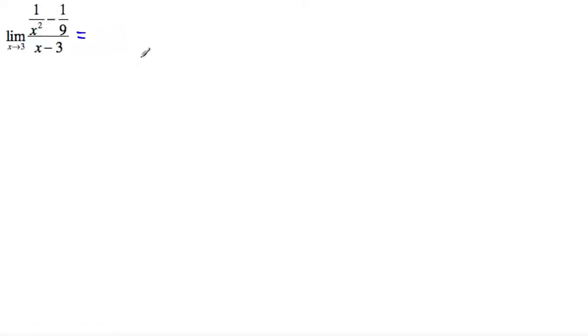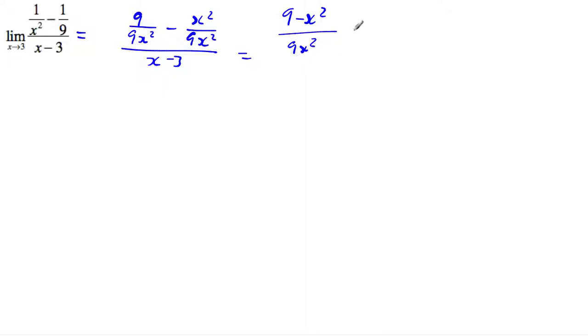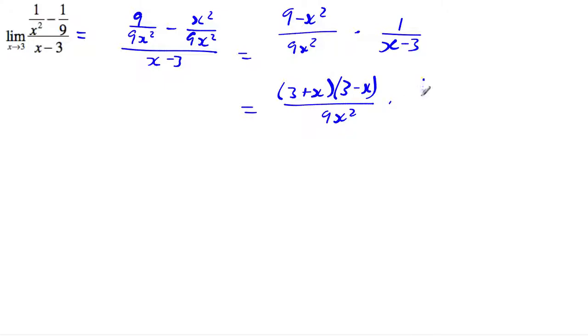Oh boy, more fractions. So here, it's probably easier. We're going to do 9/(9x squared) minus x squared/(9x squared) over x minus 3. So this is (9 minus x squared)/(9x squared) times 1/(x minus 3). We can factor this to be (3 plus x)(3 minus x)/(9x squared) times 1 over, I'm going to factor out the negative 1 here, so I get 3 minus x.